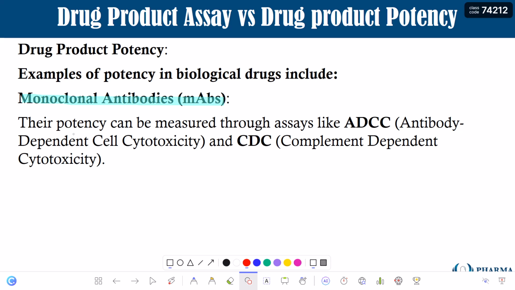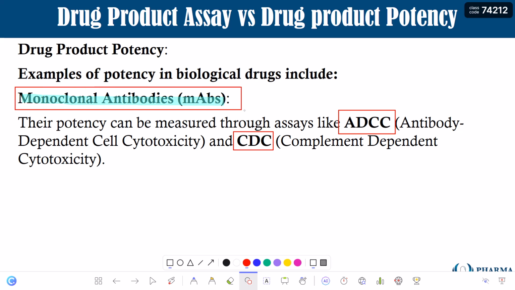Their potency can be measured through assays like ADCC, that is antibody dependent cell cytotoxicity, which I think is generally performed in the case of cytotoxic drug molecules, or CDC, complement dependent cytotoxicity. Again, this also gets done for the cytotoxic molecules. Monoclonal antibodies are proteins or biomolecules.